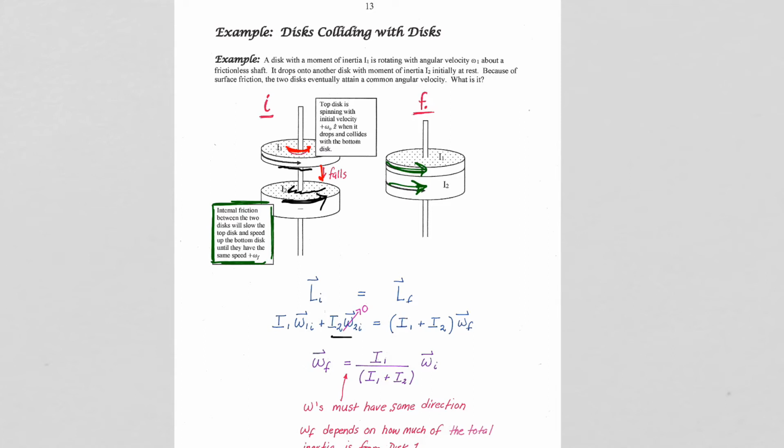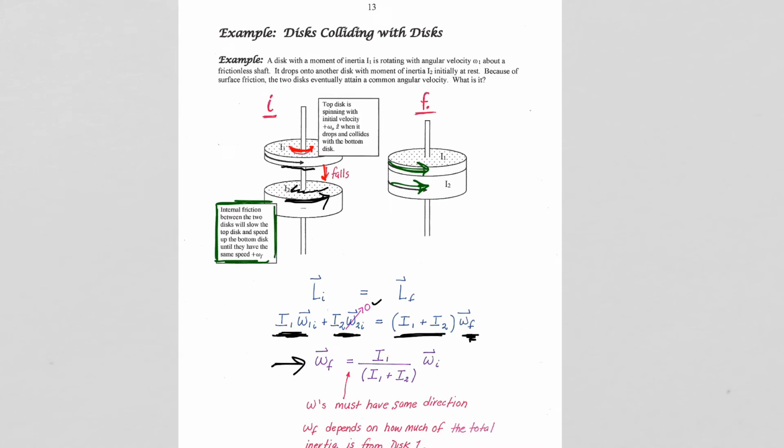So we have L equals I omega for the disk. Bottom disk is at rest. That's 0. So all of the initial angular momentum is in the top disk. They reach a common final velocity. It's a completely inelastic collision. They stick together, so that's why it's I1 plus I2. And again, we can very quickly get an expression for omega final.